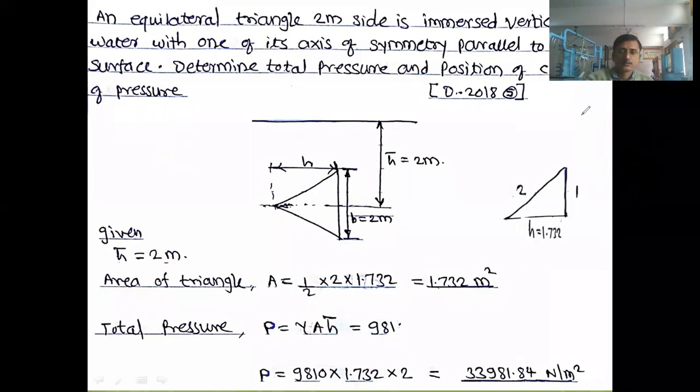And then you can use the formula for Iz. Iz is equal to what? B H cube upon 36, right? B here, how much?